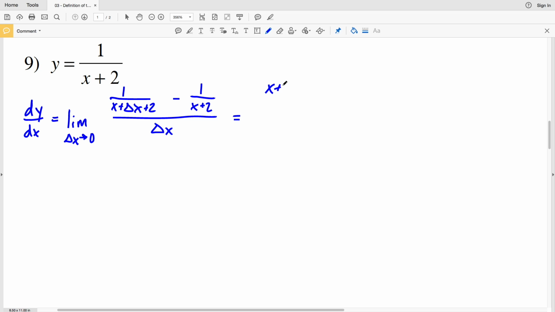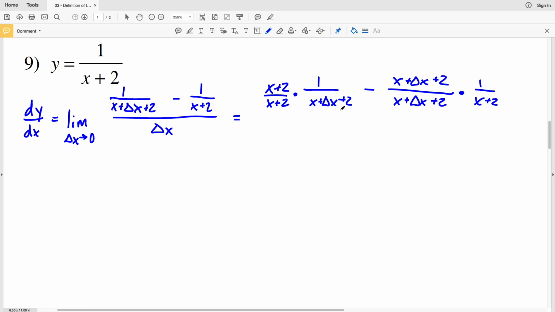So I'll have x plus 2 over x plus 2, which is 1, times 1 over x plus delta x plus 2. And then I'm going to be subtracting x plus delta x plus 2 all over x plus delta x plus 2 times 1 over x plus 2. And this is all over delta x. And this is still the limit as delta x approaches 0.